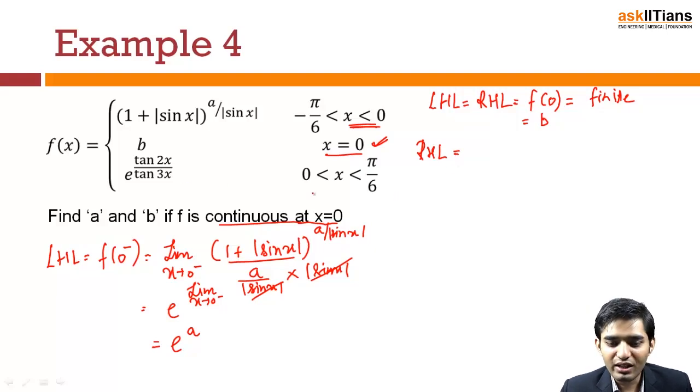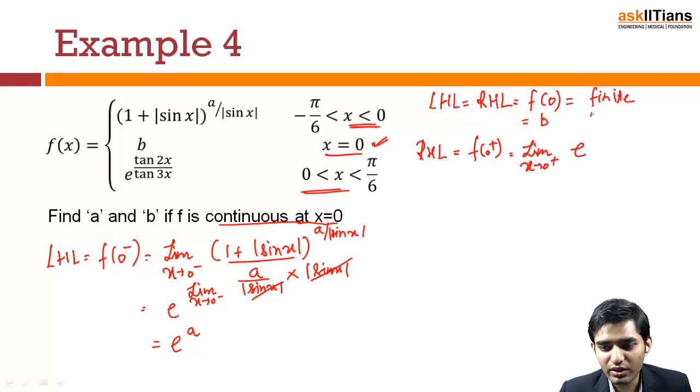Now let me find out the right hand limit. I will consider this definition of the function where x is greater than 0, so f(0 plus). F(0 plus) means limit x tending to 0 plus of e to the power, what is the function? tan 2x divided by tan 3x. Now if I want to solve this, I will just multiply and divide by 2x and 3x, so here 3x and here 2x, and the balance will be 2 and 3.